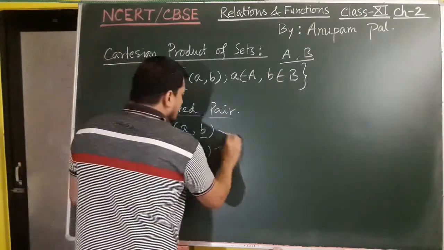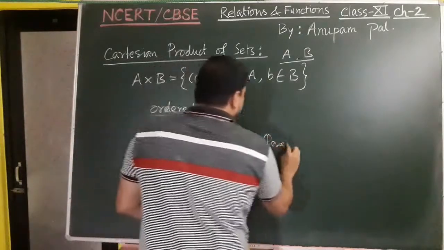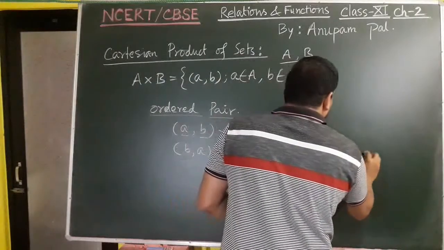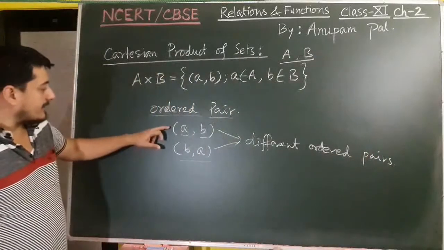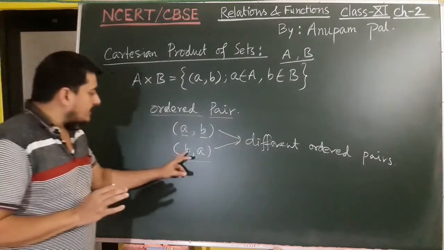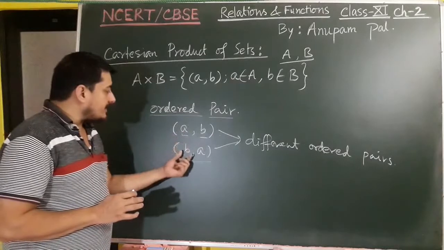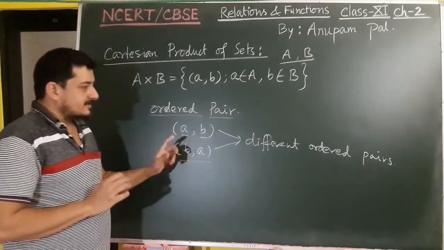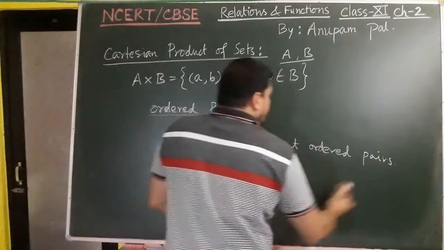So these two are different ordered pairs, that you have to remember. They are different because the order in which the same elements appear is reversed. Okay, fine.